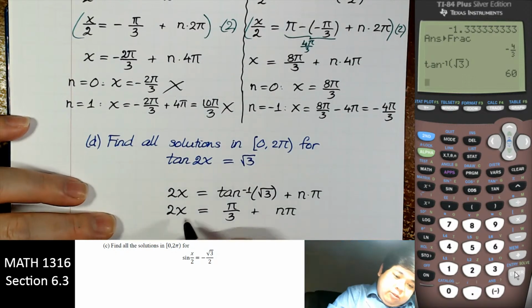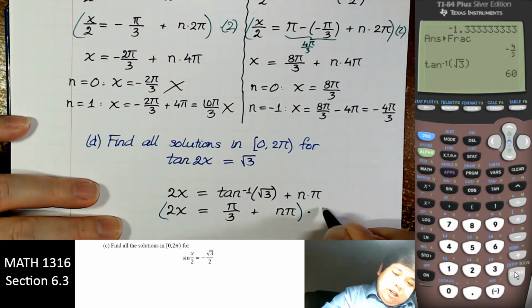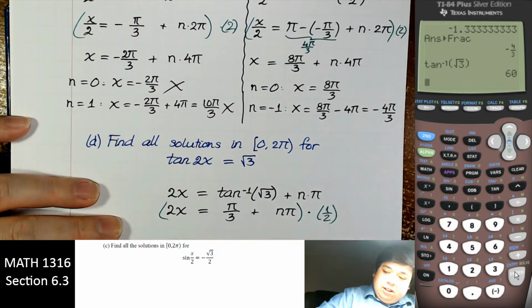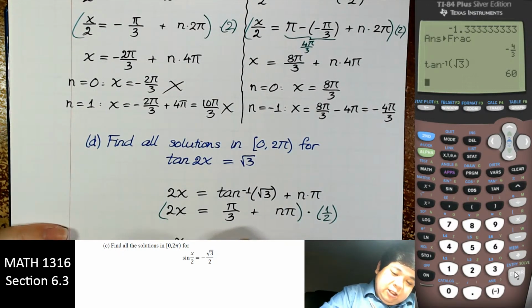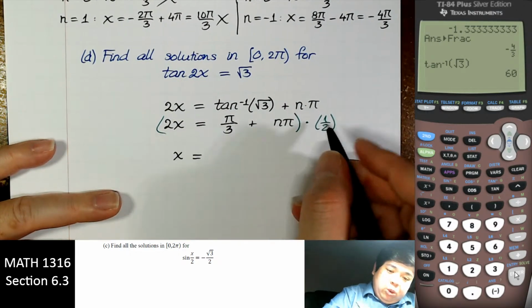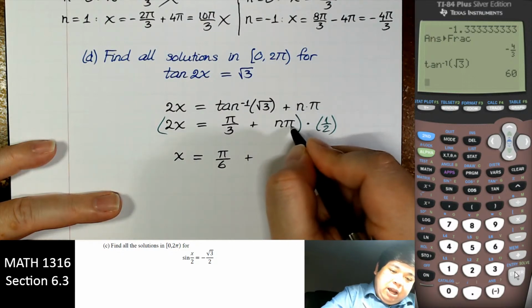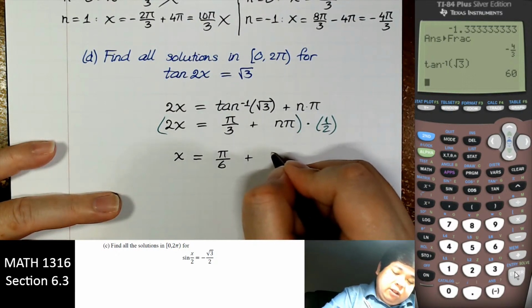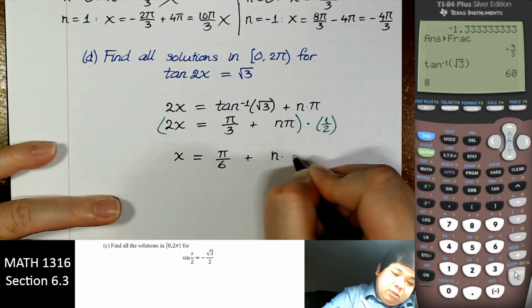So to solve for x, multiply by 1/2. 1/2 times 2 gives us x, and pi over 3 times 1/2 is pi over 6, and n pi times 1/2 is n times pi over 2.